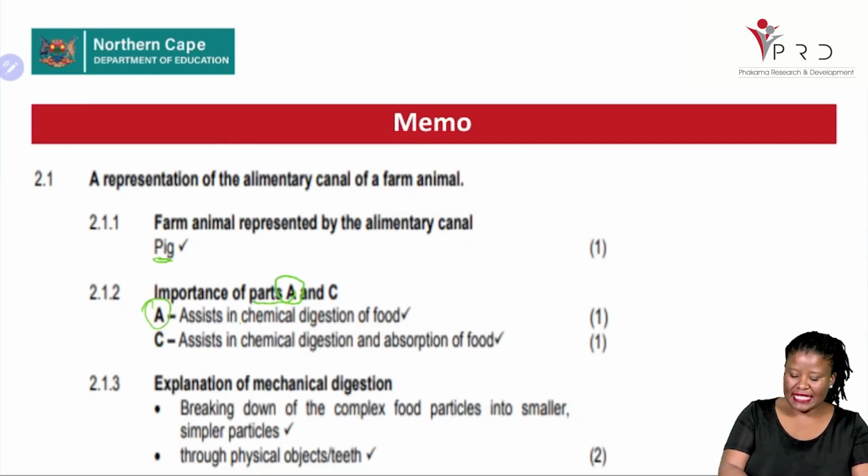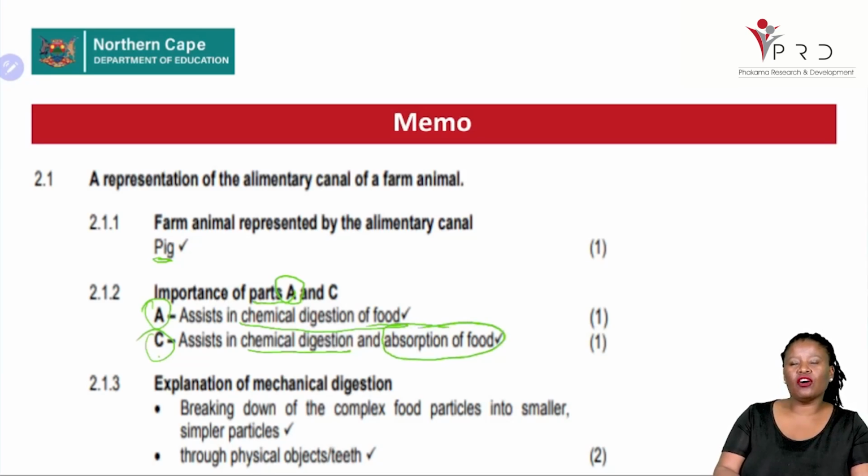It assists in the chemical digestion of food, which means in the stomach chemical digestion occurs. Part C, which was directed to the small intestines, assists in the chemical digestion. At the same time, it assists in the absorption of food. And normally we say absorption of food takes place in the small intestine.